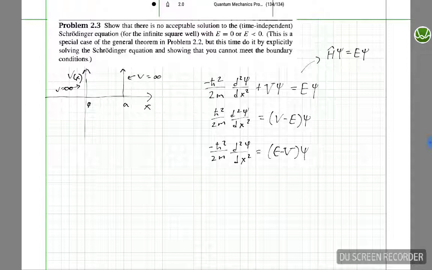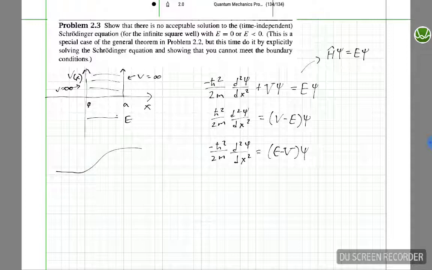Okay, what we want to do is show that there's no valid solution if our energy level is, say, here. So we can't have an energy level that's below our square well. This is to show that the only valid energy levels could be up here, inside the well.